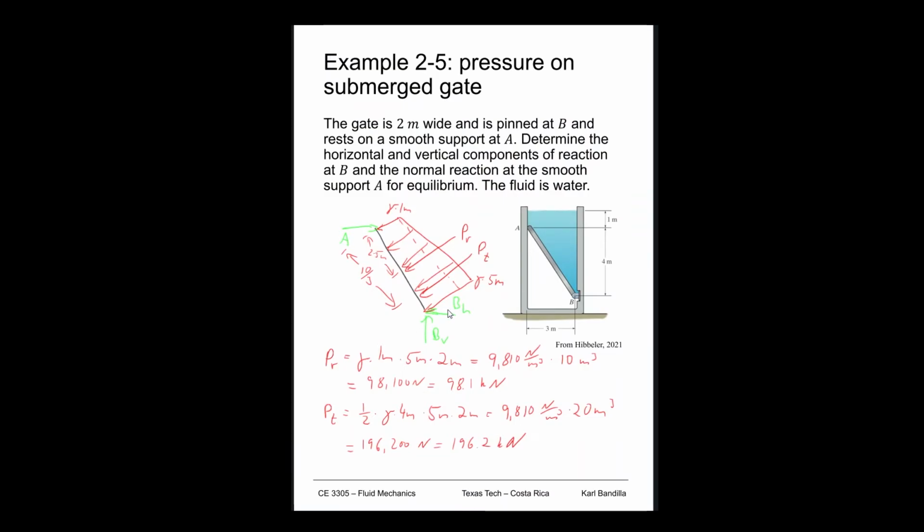Then what do we have left? We have BH and BV. Now, if we did another moment somewhere, around A, no, BH and BV both come in. So I think we'll just do vertical and horizontal force balance. So start with the vertical force balance. In the vertical force balance, we have BV.